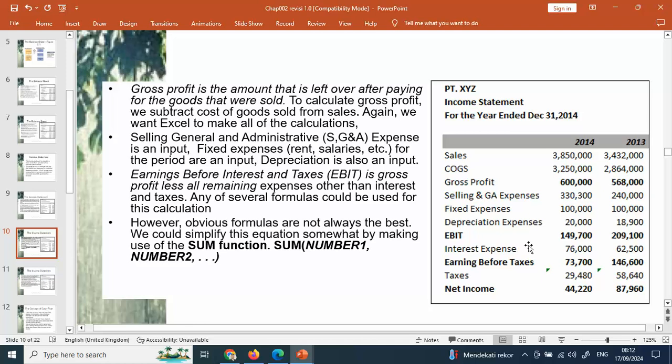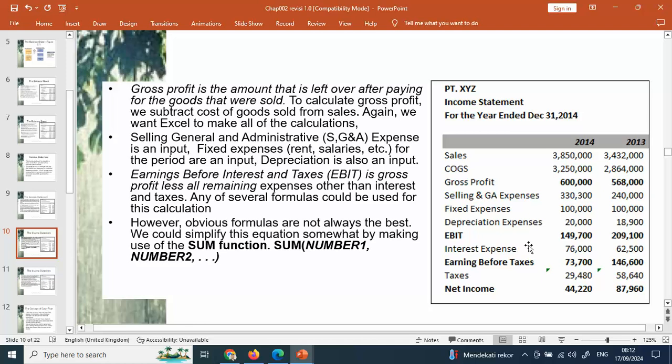So to calculate the gross profit, we subtract the cost of goods sold from the sales. So we get the gross profit. And then selling, general, and administrative expenses, such as sales and administrative expenses.